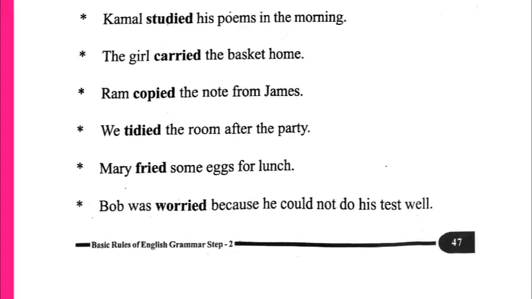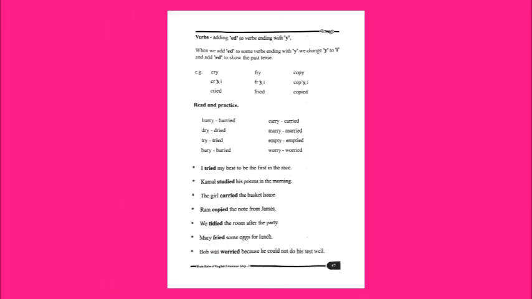Okay children, so you see in this lesson that if we want to change a verb into past tense, and this verb ends with the letter y, and there is a consonant letter before the y, then we cut the y, instead of y we add i, and then we add ed.